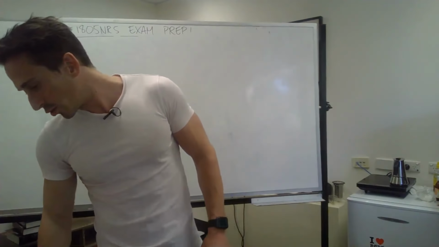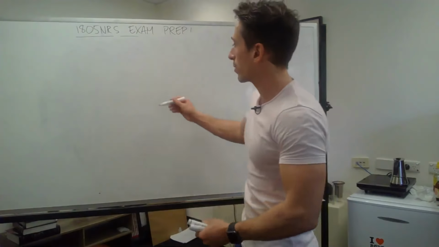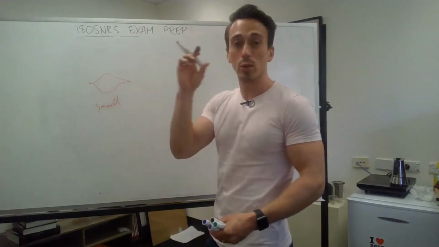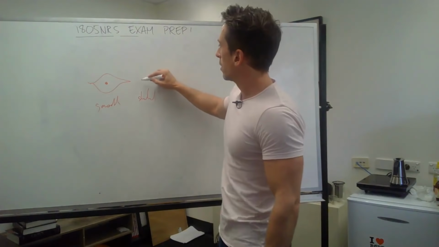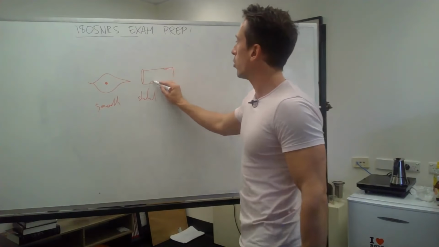Compare and contrast the physiological difference between the three types of muscles. Well, we've already done that. When we look at the three types of muscles, you're going to have smooth, which looks like a spindle or an eye. It's got a single nucleus. You're going to have skeletal, which is cylindrical, and you can have one or more nuclei.